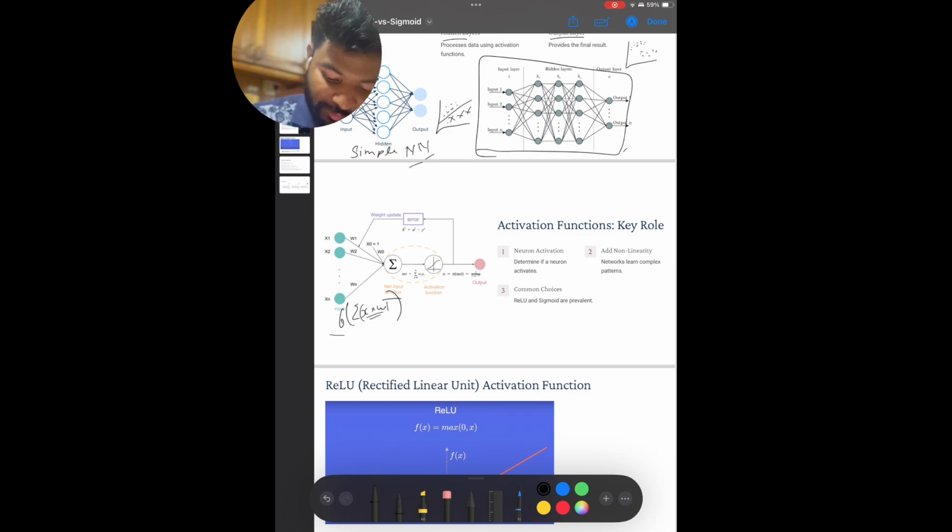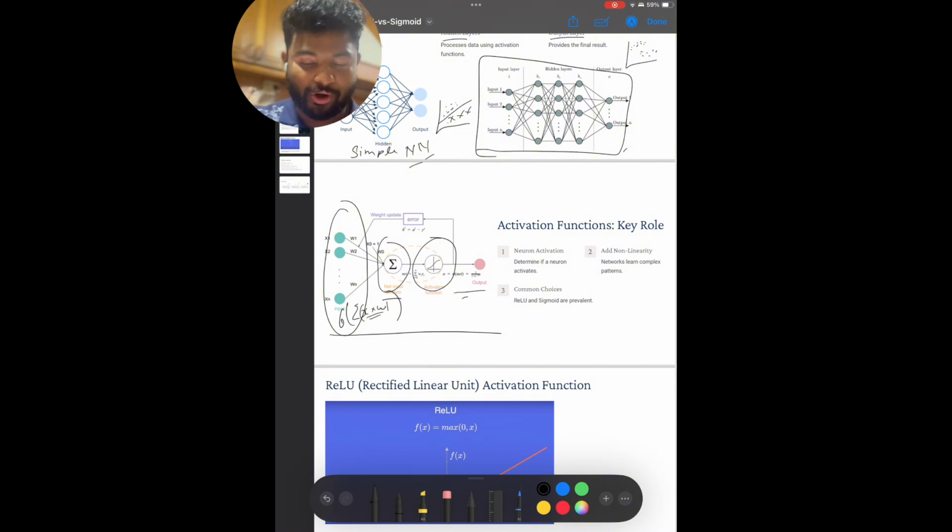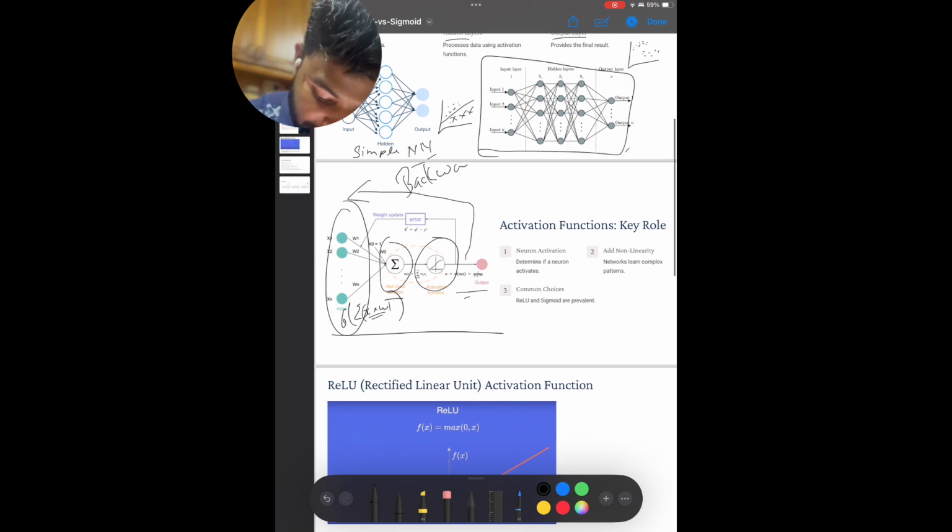Okay, so this can be a very good example. It consists of the input layer, the aggregation of all the weights and the input fields, then we have an activation function, and then it gives an output. Always remember that a neural network consists of a backward loop, which is also called backward propagation.